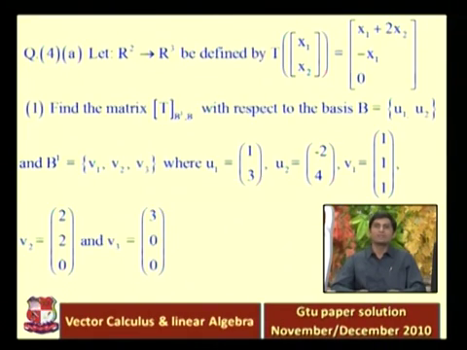Find the matrix T from B dash to B with respect to the basis B, where B is u1 u2 and B dash is v1 v2 v3, where u1 is equal to 1 3, u2 is equal to minus 2 4, v1 is equal to 1 1 1, v2 is 2 2 0, and v3 is 3 0 0.